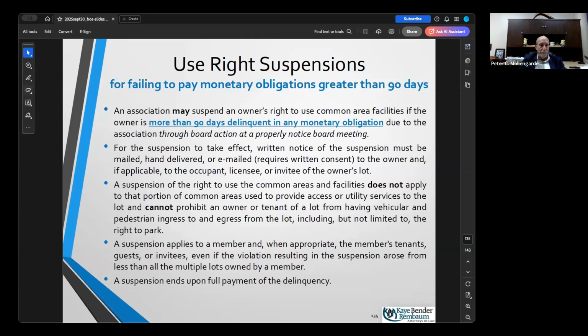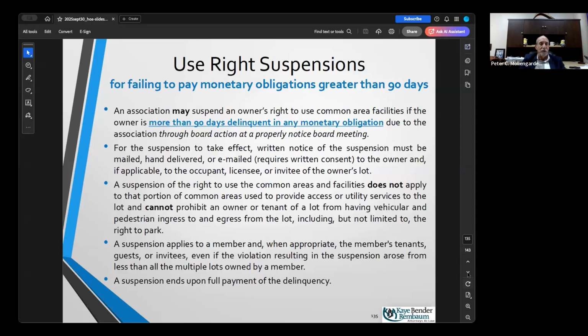For the suspension to take effect, written notice of the suspension must be mailed, hand-delivered, or emailed, and that, again, requires written consent for an email notice to the owner, and if applicable, to the occupant, licensee, or invitee of the owner's lot.